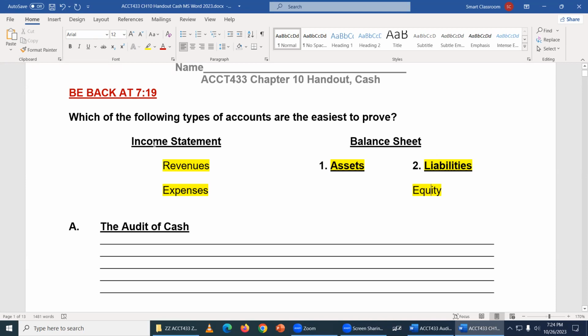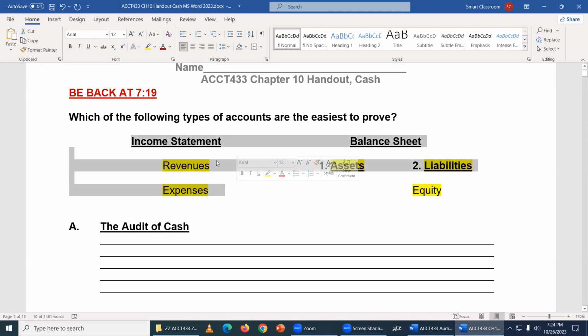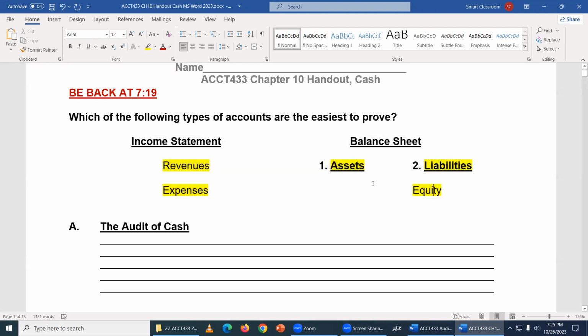And if the equity is okay, then the income statement must be okay, because the income statement flows into the equity section. So basically, when we do an audit, we can get a very good assurance by just looking at these two types of accounts, assets and liabilities. And they're pretty much attached to all these other ones, and we'll talk about that in a second.